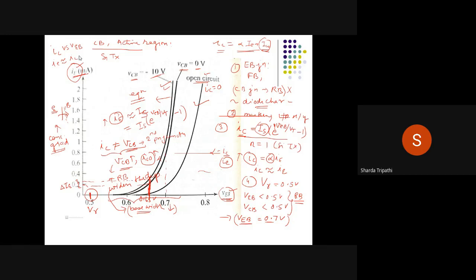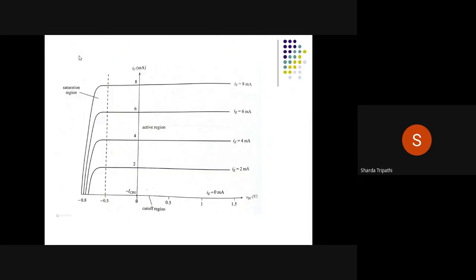Okay, so if there are no issues in this, let us discuss briefly the output characteristics. Again, these are the output characteristics for the transistor connected in the common base configuration. While defining the output characteristics, we said that the output characteristic is the plot between output current versus output voltage for different values of input current.